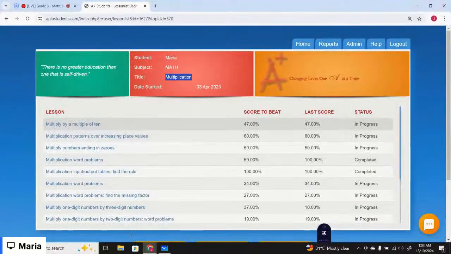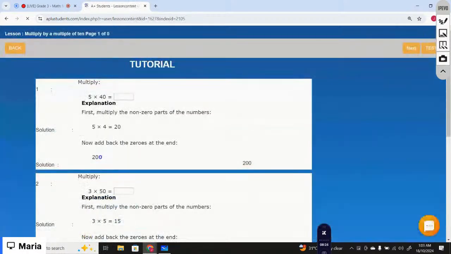Okay, here I am on grade 3 math. The chapter we are on right now is multiplication. Let's just start with the lesson that is multiply by a multiple of 10. So the multiple of 10 means you are going to multiply the multiples of 10.